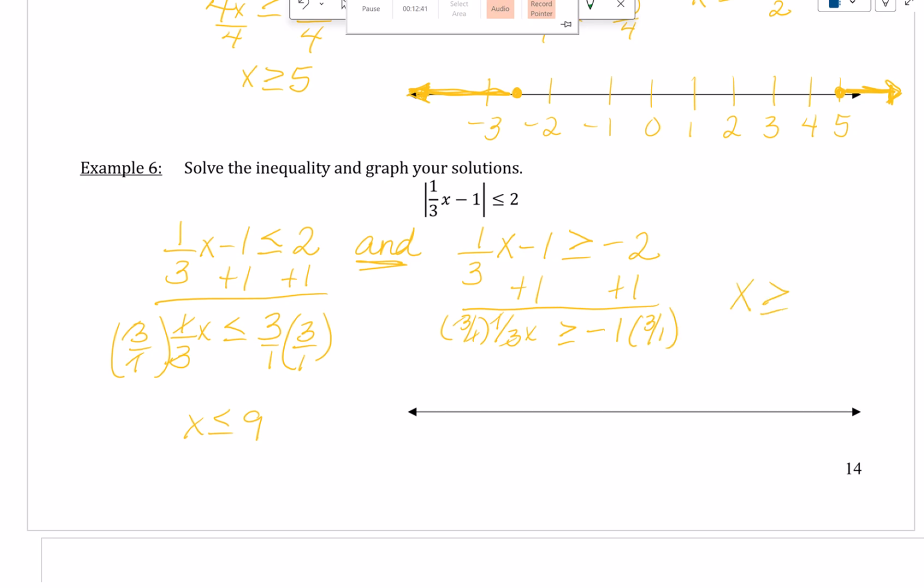X has to be greater than or equal to negative 1. Less than 9, greater than negative 1. So less than or equal to 9, so to the left of 9, and greater than or equal to negative 1. So it's in between those two.